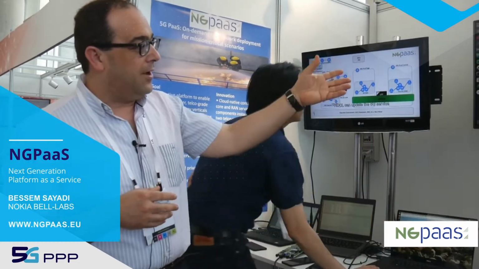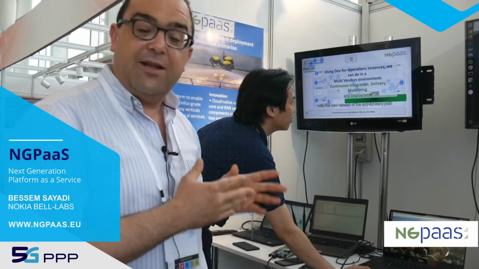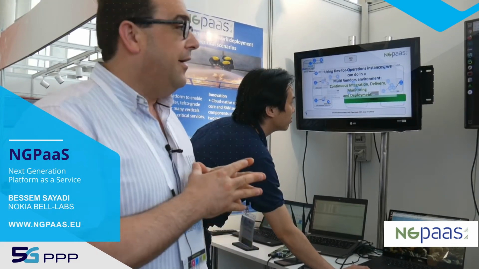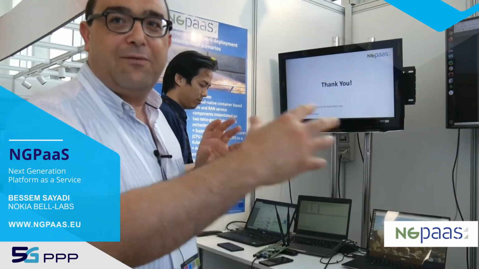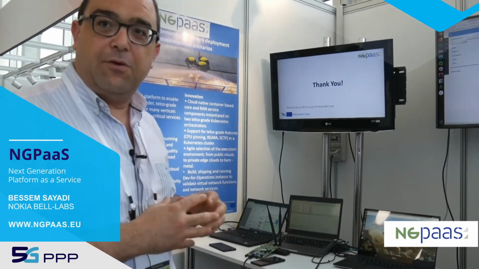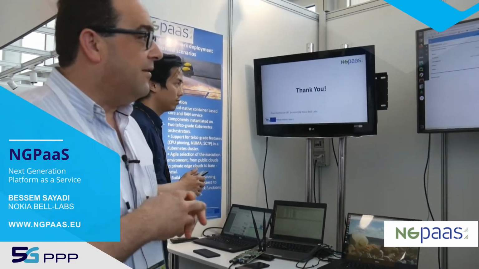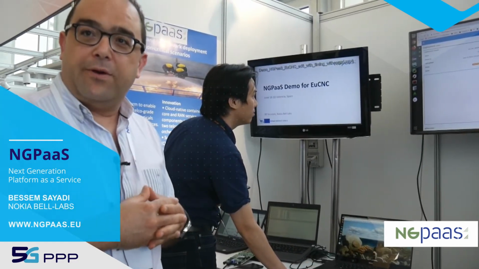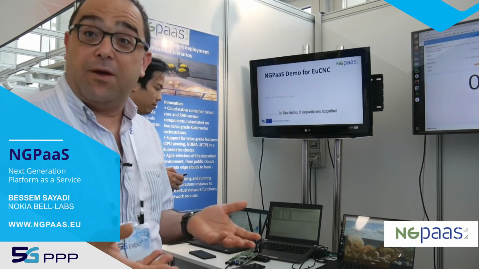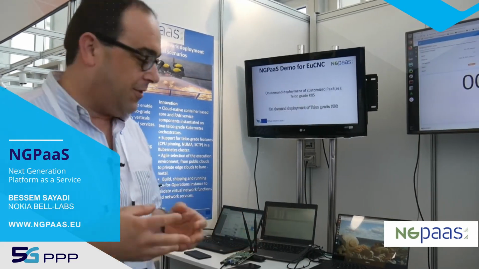Then we move to the deployment of the service on the second platform, since here is a typical platform of platforms. So we are deploying one platform for the core, another platform for the RAN. The platform here is Kubernetes, with telco grade features, which are developed by the project and released in open source.